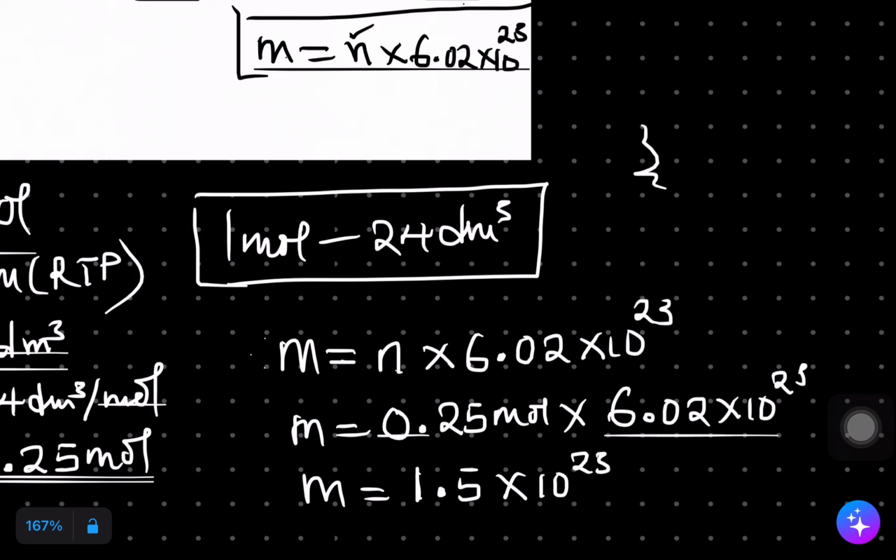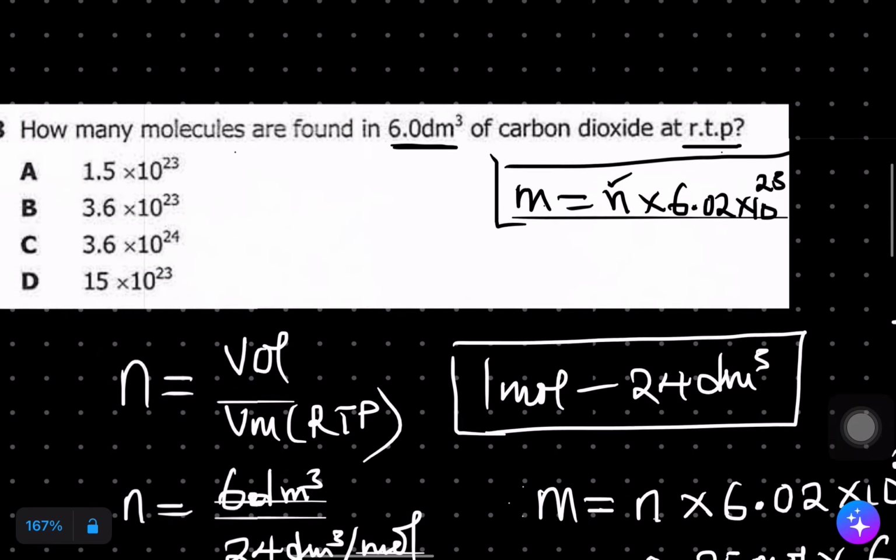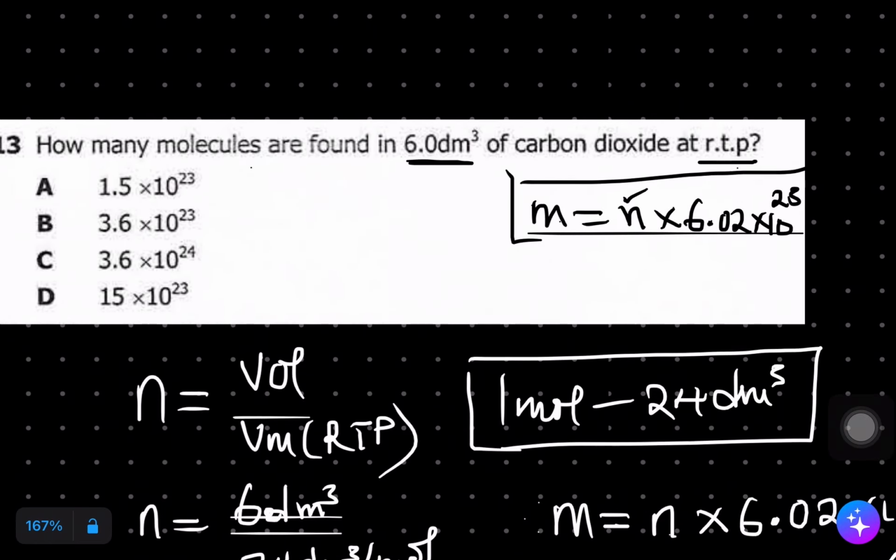Please multiply this value with the 6.02. The 10 to the power of 23 is a constant part that stays attached to the 6.02. So this is our answer. Among the options, our answer is A.